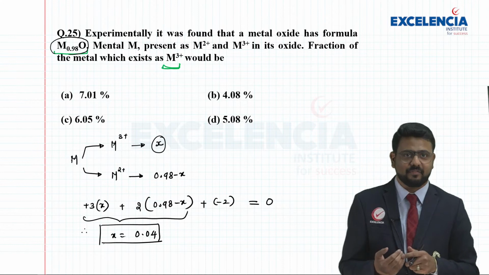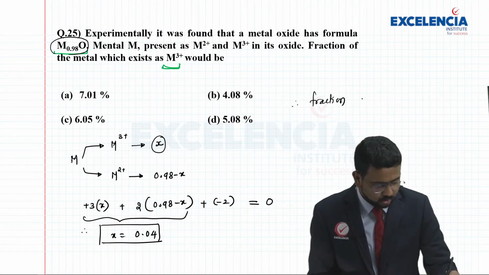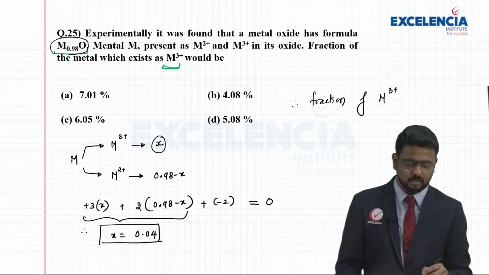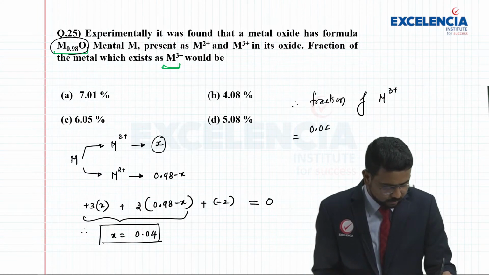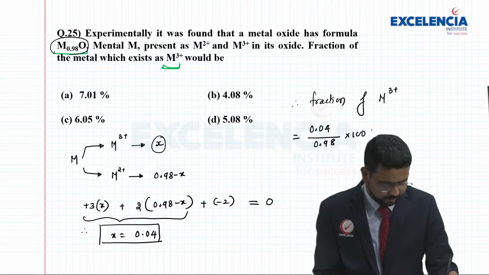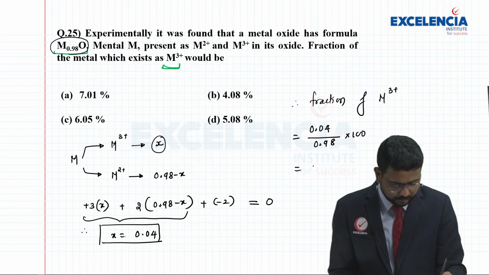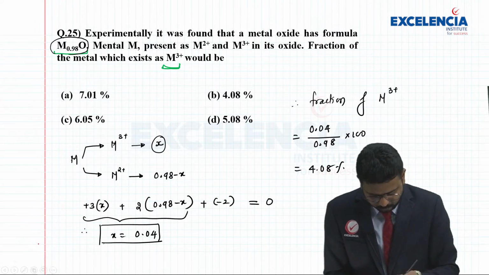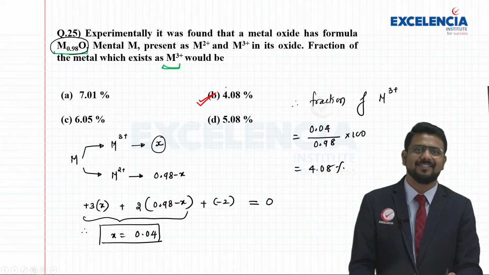So if I want to find the fraction, therefore the fraction of M3+ ions which is present in this particular oxide, can we say it is just 0.04 over 0.98 times 100, which is of course close to 4%. So it is coming out to be 4.08%, right? So definitely B is going to be your correct answer here, right?